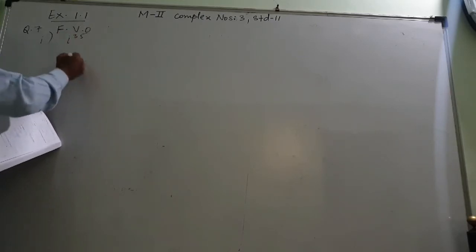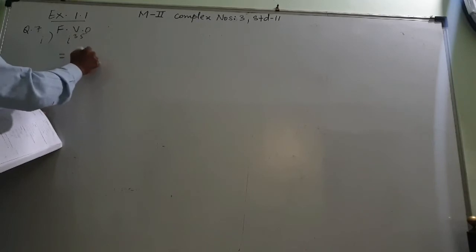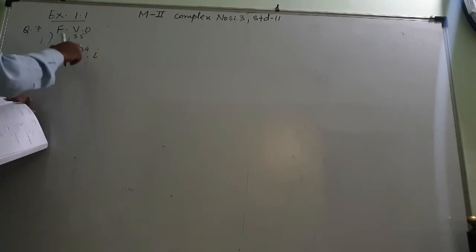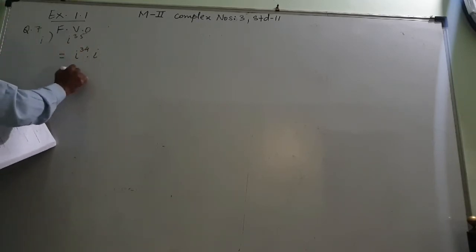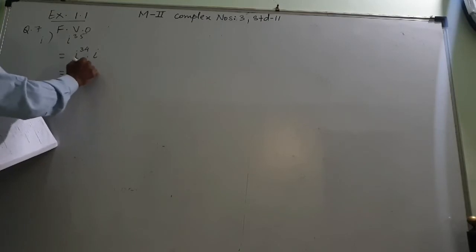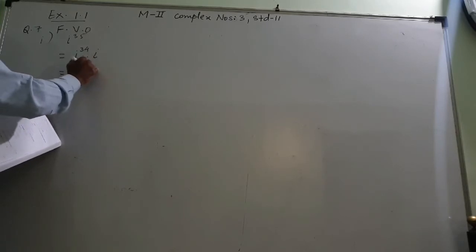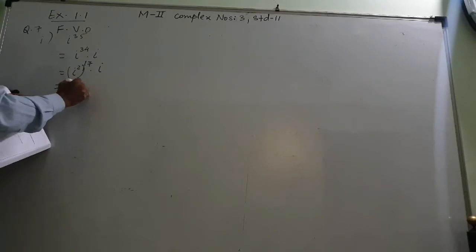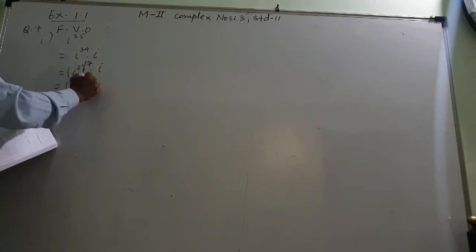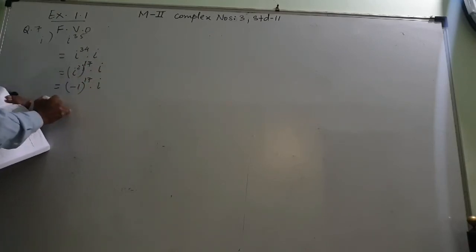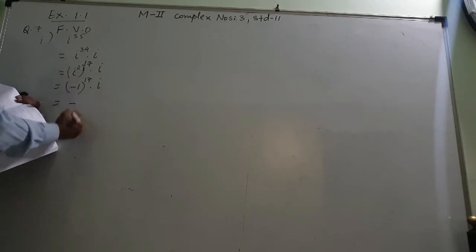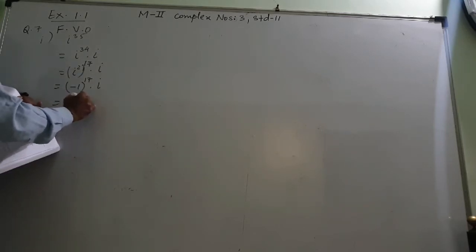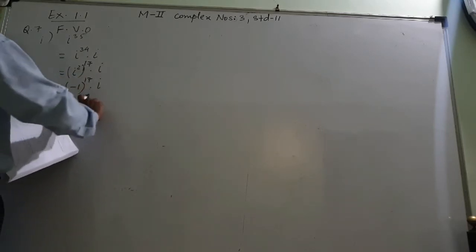Answer immediately: I will write i raised to 34 into i, in 2's table. That is equal to i square raised to 17, into i. i square means minus 1 raised to 17 into i. Minus 1 raised to 17 is minus 1, and minus i is the answer for this.